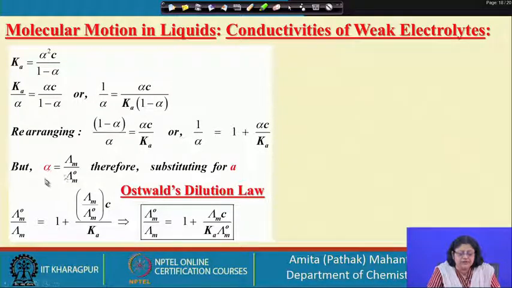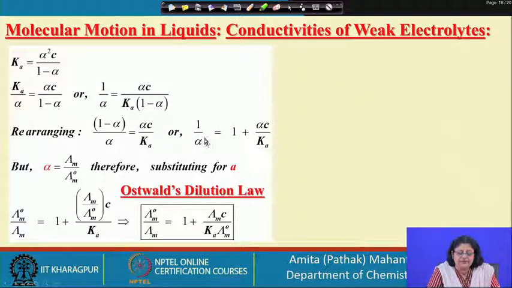Now substitute what alpha is. Alpha is nothing but the ratio of the molar conductance at any concentration C divided by the molar conductance at infinite dilution, and substitute that value here.